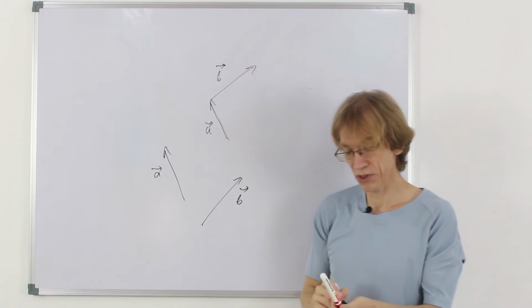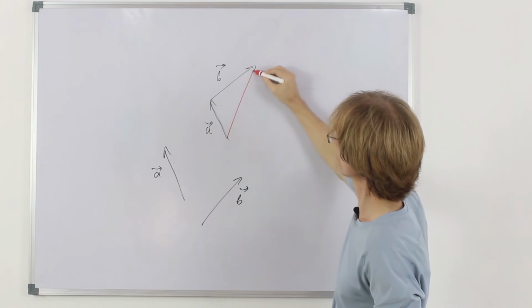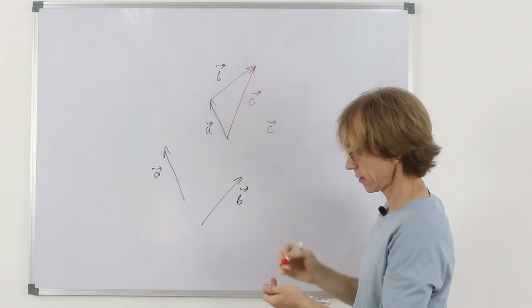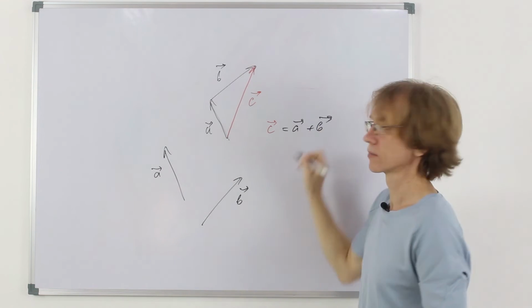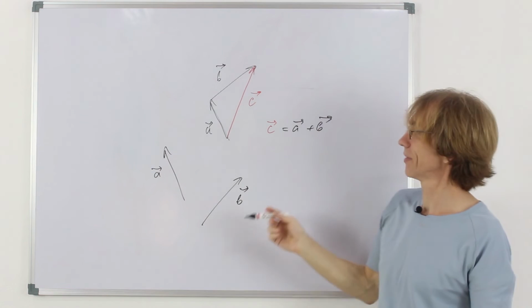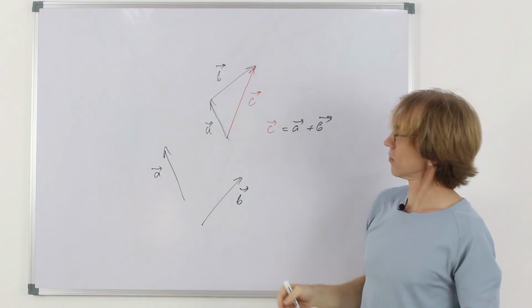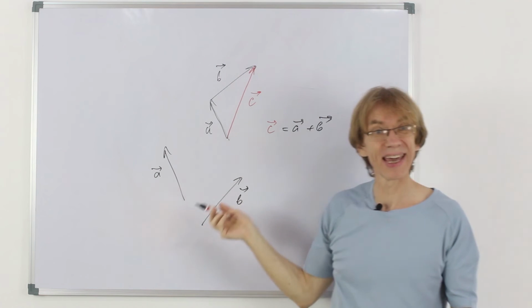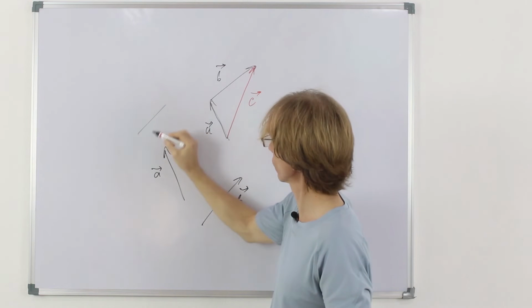And then we just complete the triangle, joining the base of the first with the tip of the last, and that's the sum. C is the sum of A and B. This is called the rule of triangle. It's easy. It's just two vectors, and you can draw a triangle like that. First you go through a sequence of two vectors. Again, it's absolutely the same. It's unessential which one you start with.